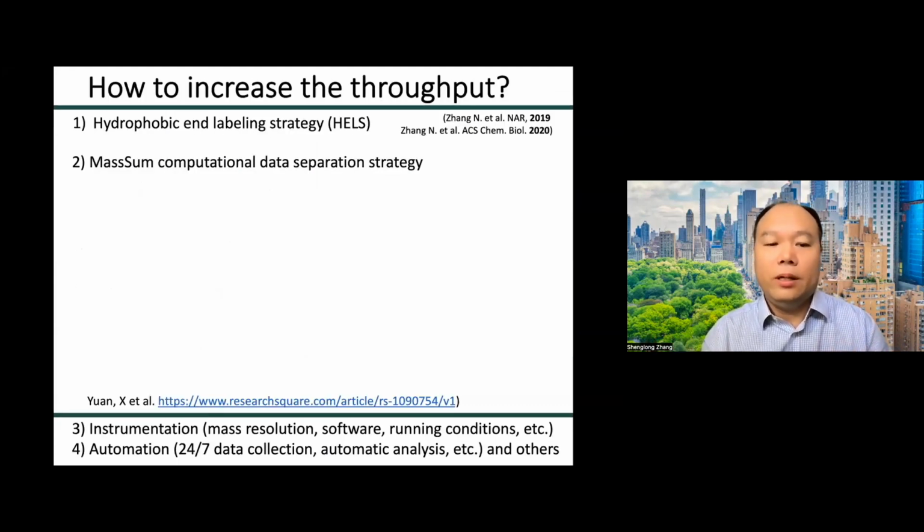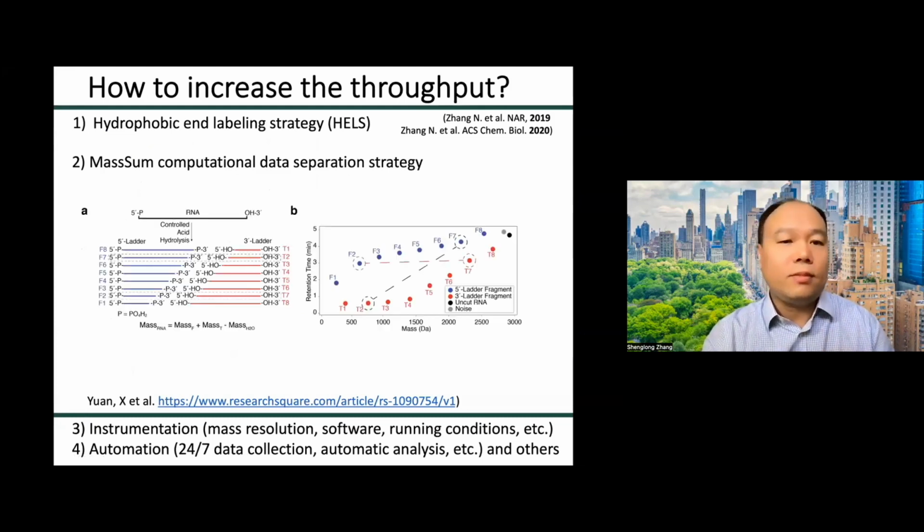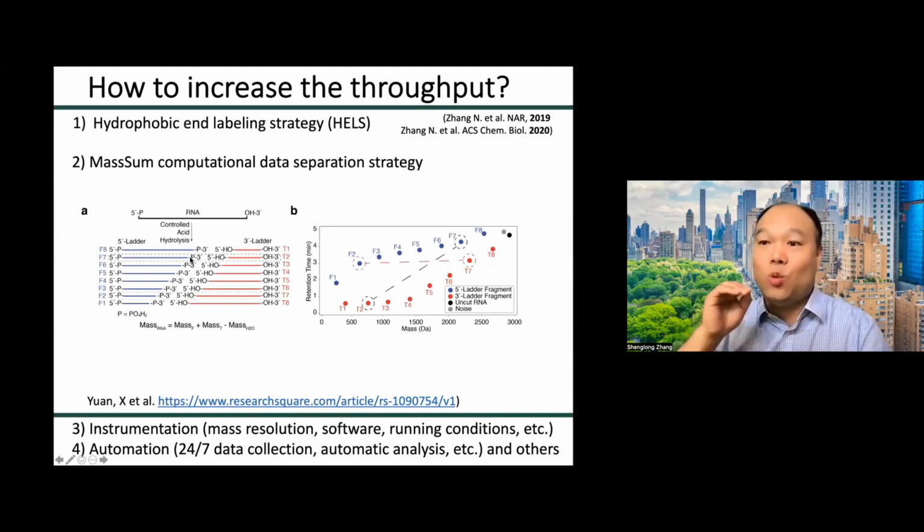So how can we increase the throughput? Through many years of hard work, we now have different approaches, but for the interest of time, I'm mainly going to talk about MASSIMM. MASSIMM is a computational data separation strategy. Remember, we rely on formic acid to generate a ladder for mass sequencing. If we look at the pairs of ladder fragments generated by this one-cut event, their mass sum is constant, which equals the mass of the RNA plus the water molecule.